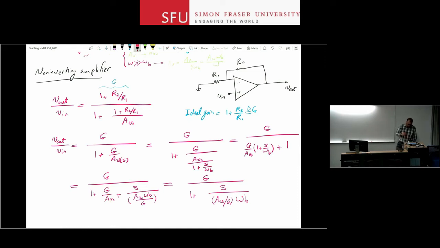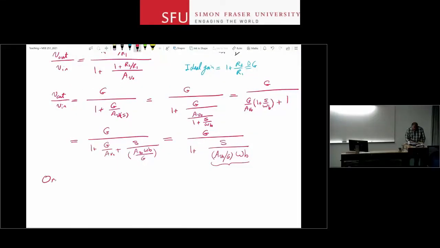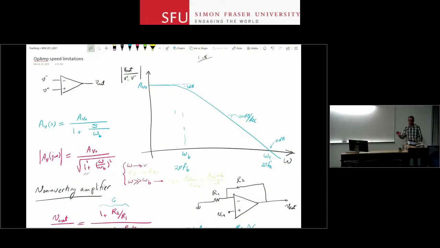So what does this mean? Well, what it means is that the system has a new pole. This new pole is at this location. So originally the pole was at omega B, right? This is where the pole was originally.